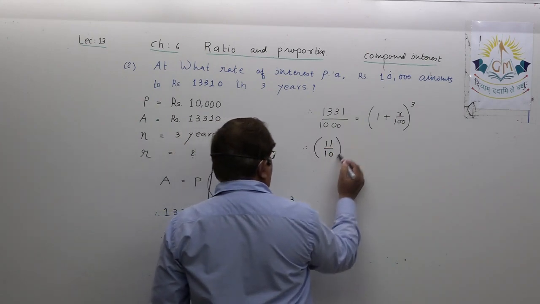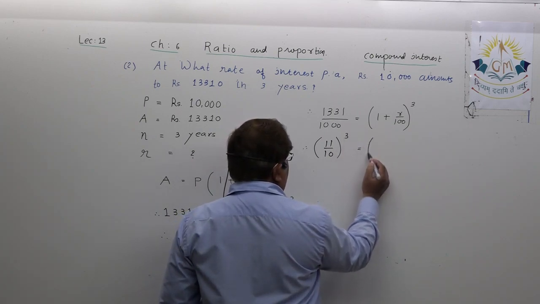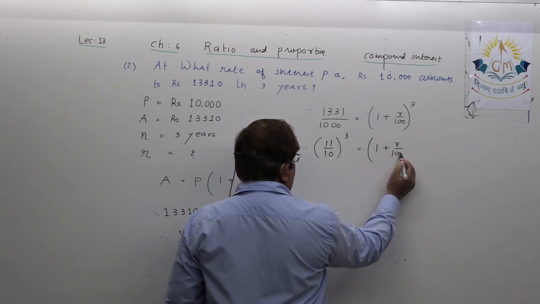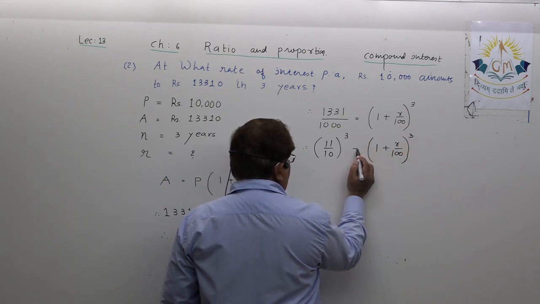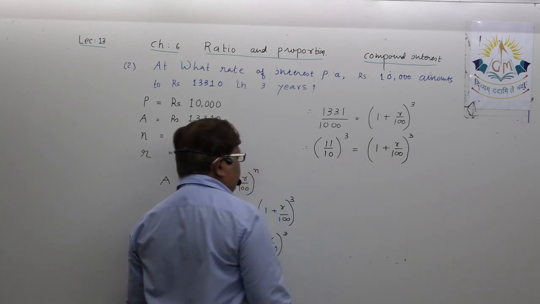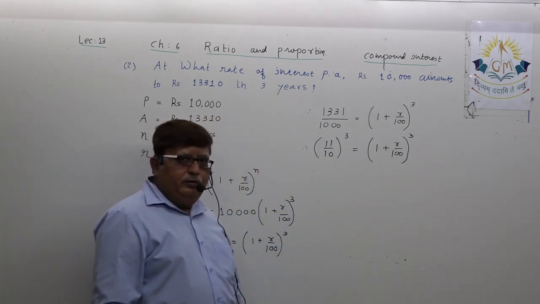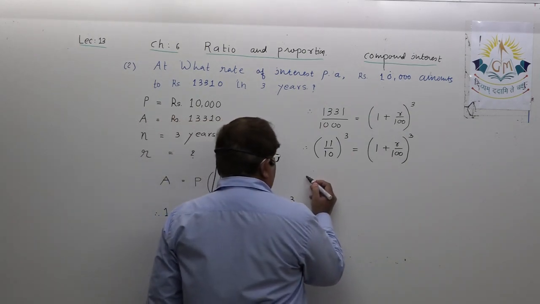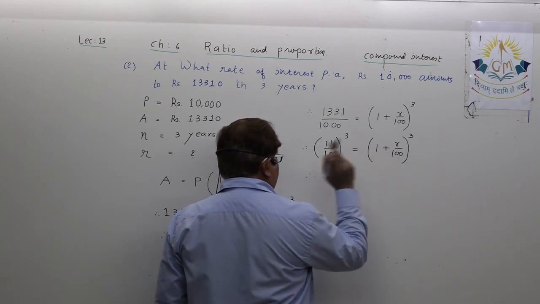raised to the power of 3 equals 1 plus r upon 100 raised to the power of 3. Okay, because on both sides appears the same power, we can compare the base. Let us compare this.